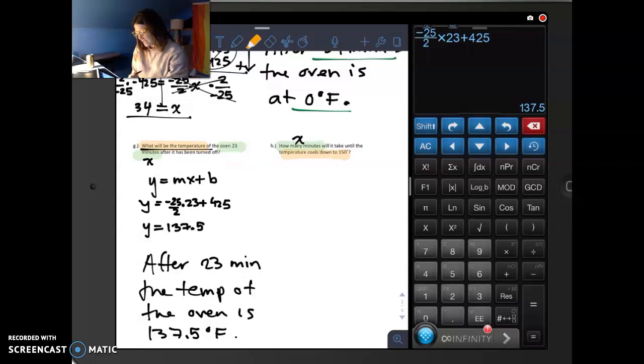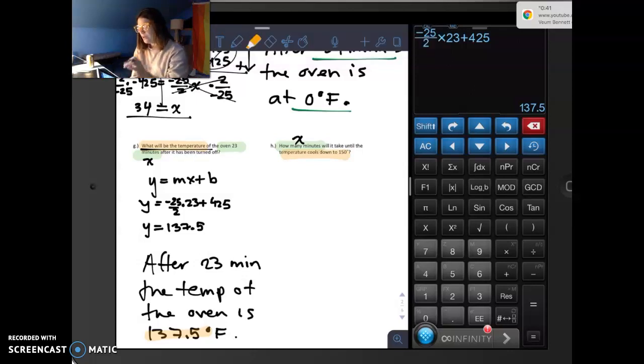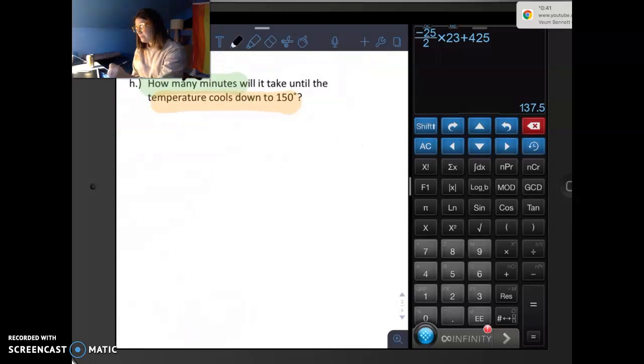So we can see that the last question answered was 137.5. So we're a little bit warmer than that. So hopefully it would be less than 23 minutes, just as a way to gauge what's going on in these questions. So let's figure it out.